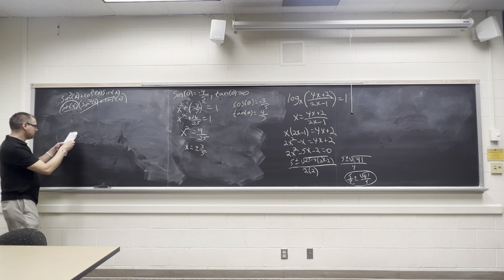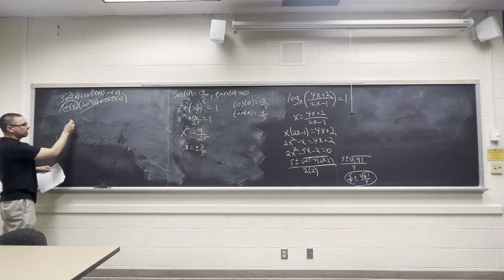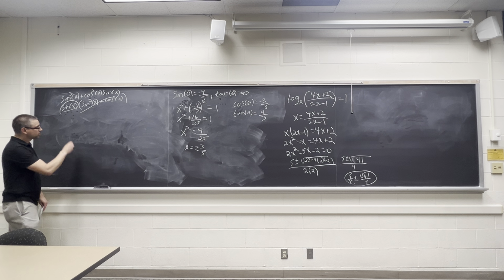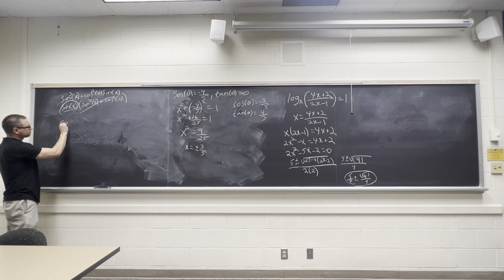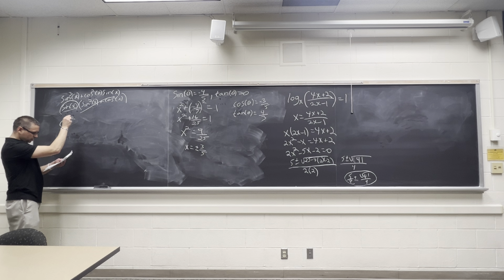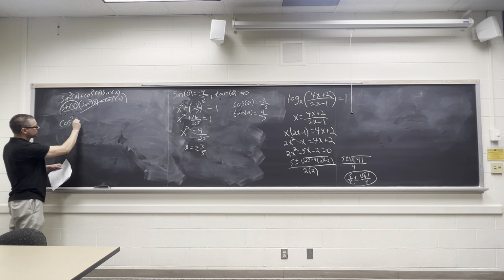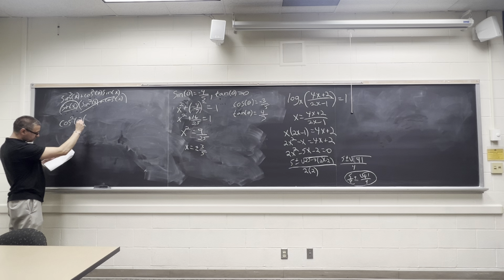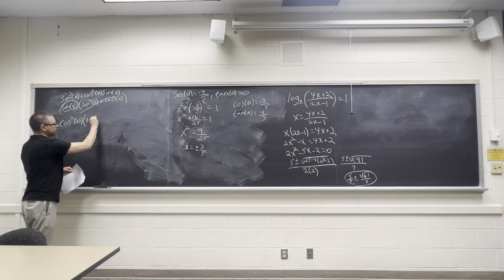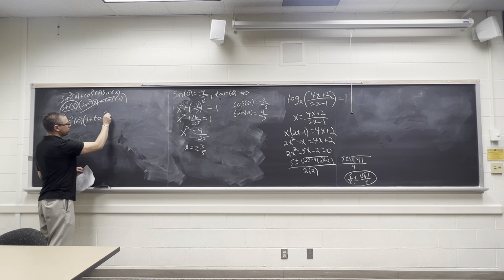So number 10, we have cosine squared of theta times the quantity 1 plus tangent squared of theta.